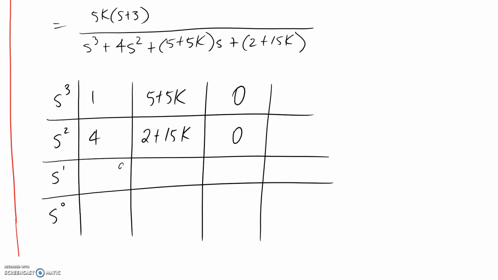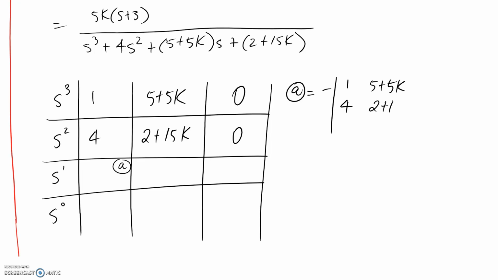So let's give it a little name so I can work it out at the side. So it's going to be the negative of the determinant 1, 4, 5 plus 5k, and 2 plus 15k. And it needs to be divided by the pivot element, which is equal to 4. So expanding this one out, it's going to be equal to this.